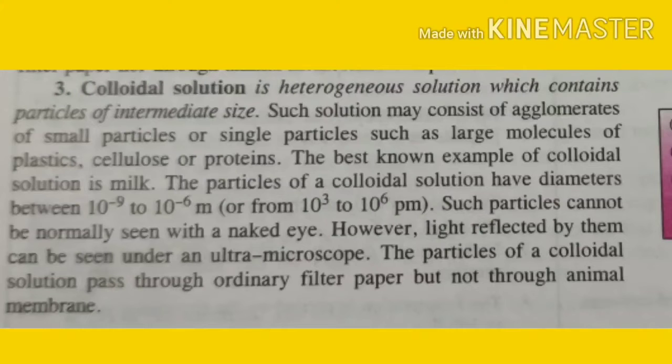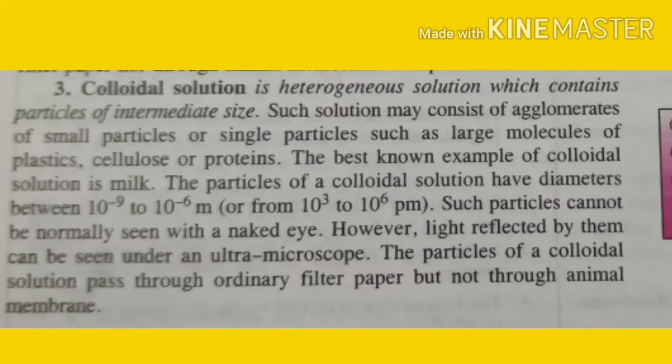However, light reflected by them can be seen under the ultramicroscope. The particles of a colloidal solution pass through ordinary filter paper but not through animal membrane. So they are classified on the basis of the size of the solute particle.